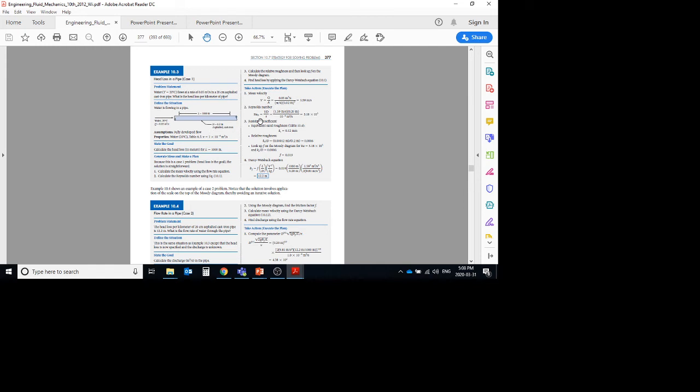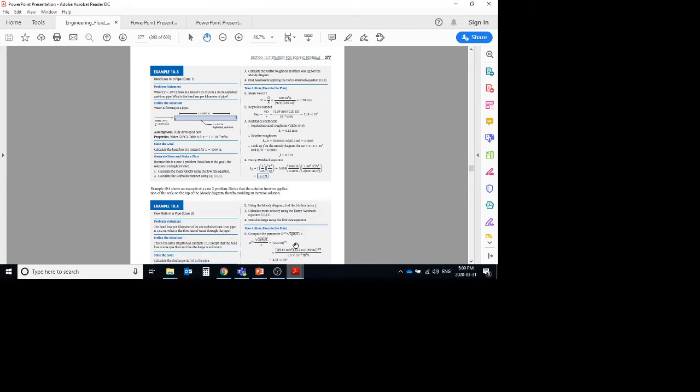So Reynolds number is rho v D by nu, or you can reduce it to this equation and we can calculate the Reynolds number. This is the roughness and this is the relative roughness, which is 0.0006, and Reynolds number is 3.18 times 10 to the power 5.